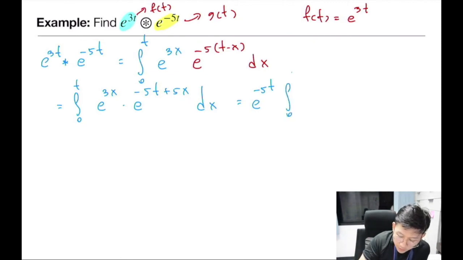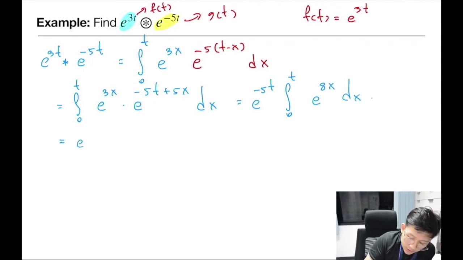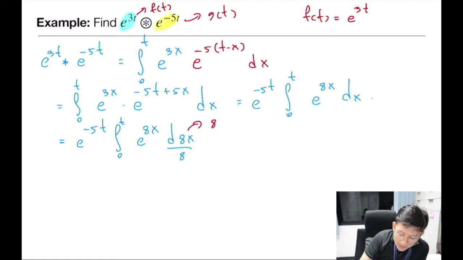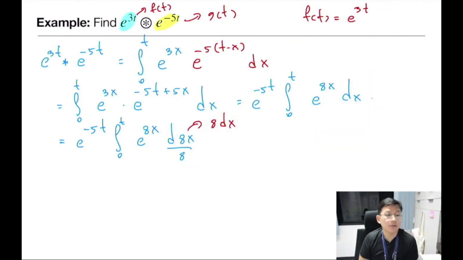So it's going to be the integral from 0 to t of e to the 8x dx, which is e to the minus 5t times the integral of e to the 8x d(8x) divided by 8. Don't forget, d of 8x is 8 dx, so the 8 cancels out.